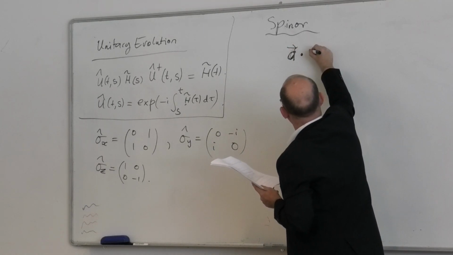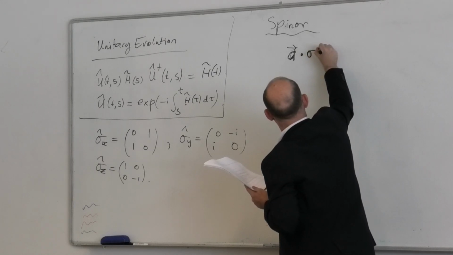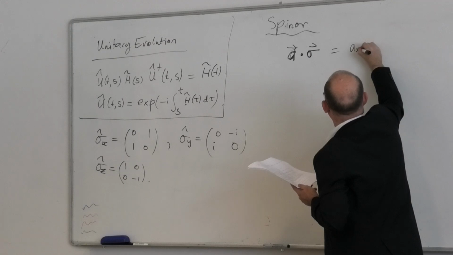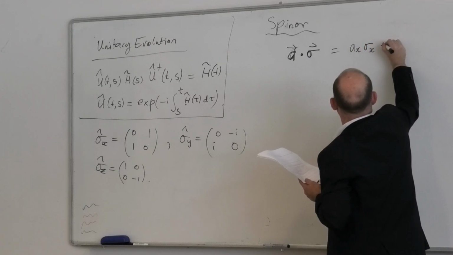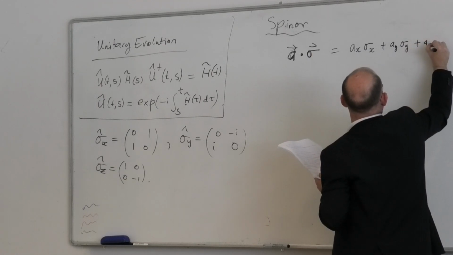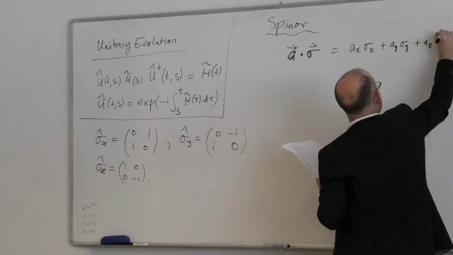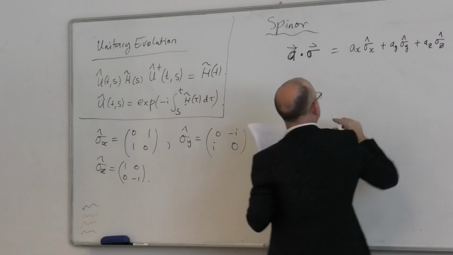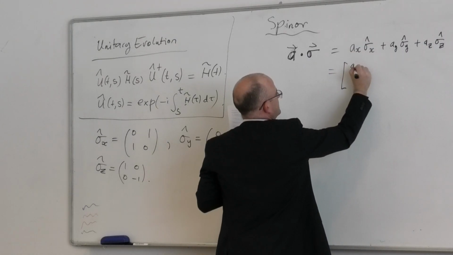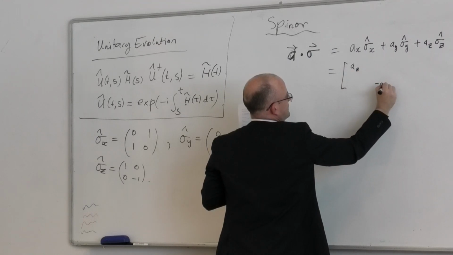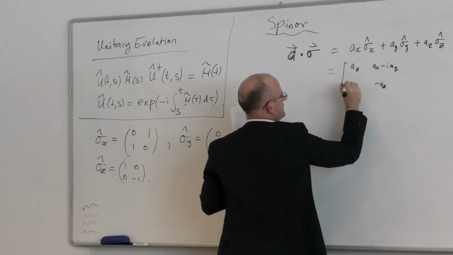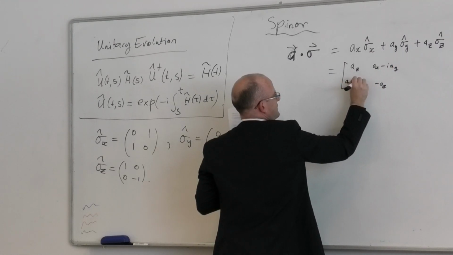Okay, so A dot sigma, in this case, is going to be like AX sigma X plus AY sigma Y plus AZ sigma Z. If you write it all down, it's a matrix with AZ and minus AZ on the diagonal, and AX minus i AY, AX plus i AY off the diagonal.